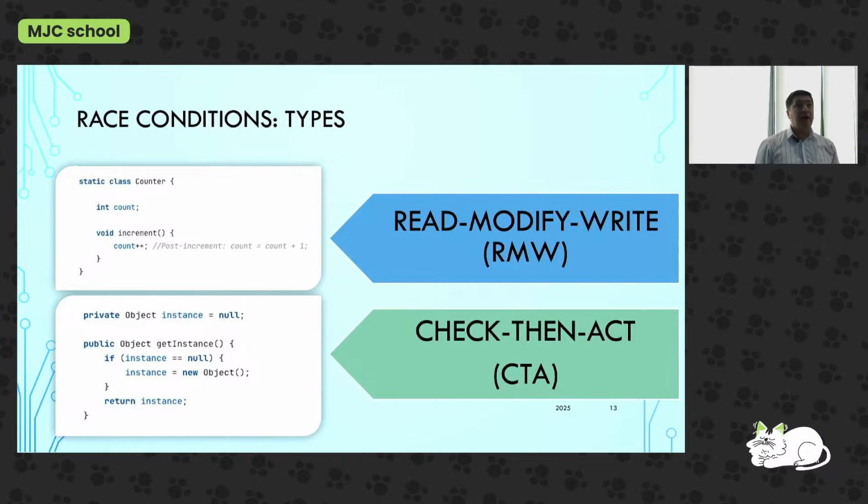The second type of race condition is check-then-act. For example, if you run multiple threads, one checks whether an instance is null, but a second or third thread may already have populated it. This interleaving causes a race issue. That's why we need proper synchronization or coordination.